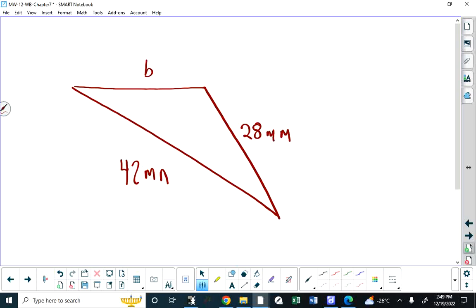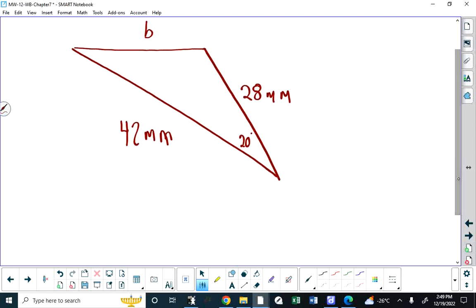Remember that I try to draw these things relatively reasonably to scale, but they may not be perfect. What is b? Well, we have a problem here. And the problem is that the cosine law is rearranged for the wrong letter, isn't it?